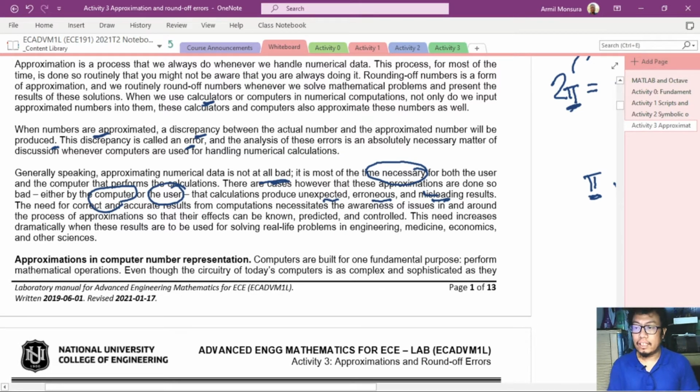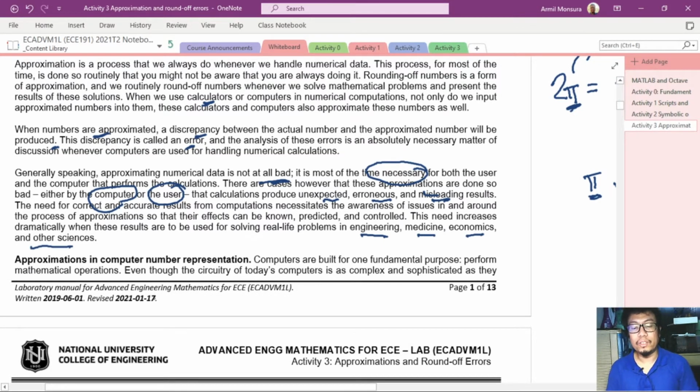The need for correct and accurate results from computations necessitates the awareness of issues in and around the process of approximations so that their effects can be known, predicted, and controlled. This need increases dramatically when these results are to be used for solving real-life problems in engineering, medicine, economics, and other sciences.